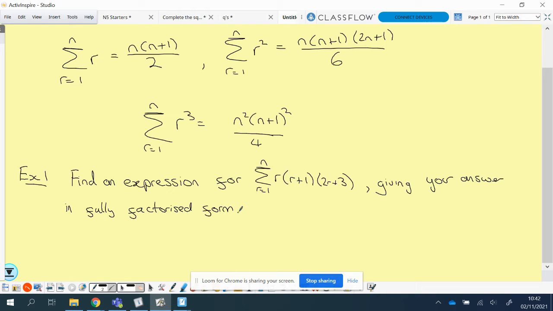So that'll be the first part of our question. We're going to have to find an expression for the sum as r begins at 1 up to n of r bracket r plus 1 bracket 2r plus 3. We want to give it in fully factorized form as well.